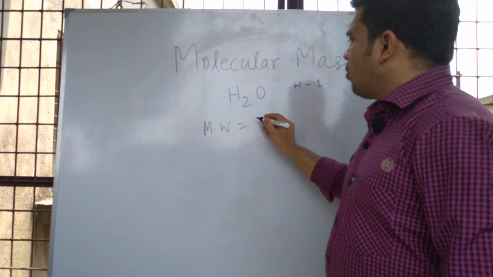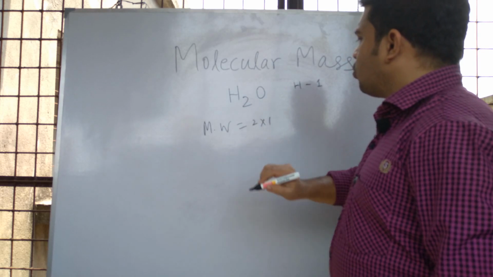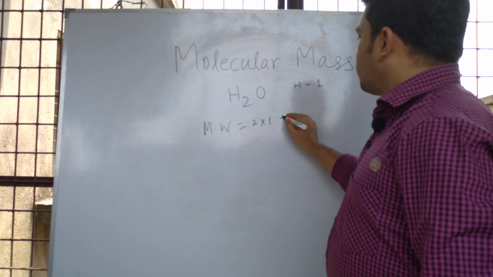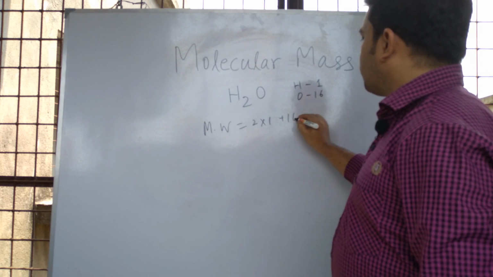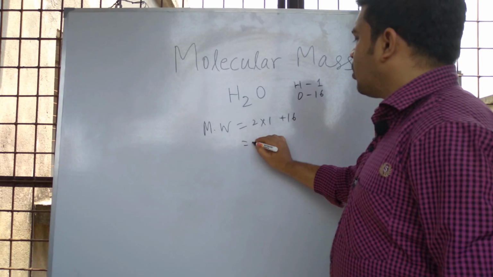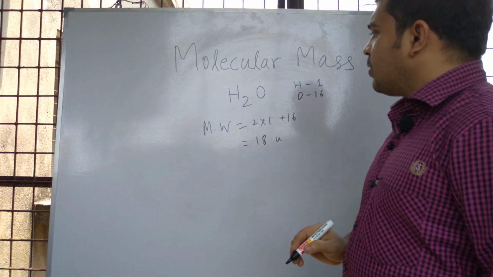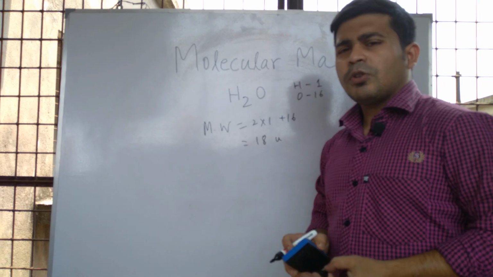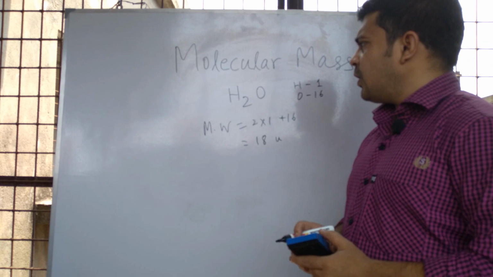So here 2 hydrogen atoms are present, so 2 into 1, and an oxygen atom has a mass of 16 gram, so plus 16, so total equal to 18 AMU is the molecular mass of water.